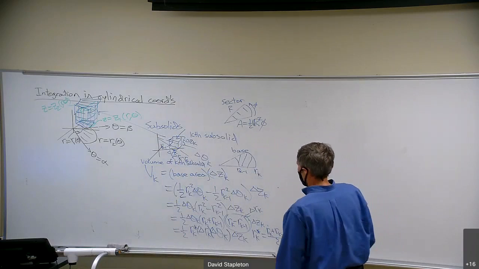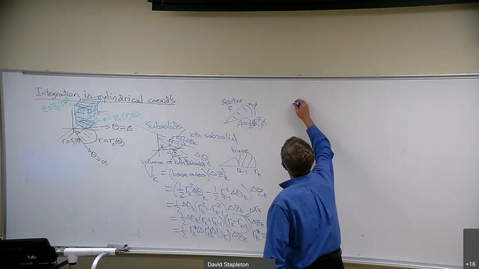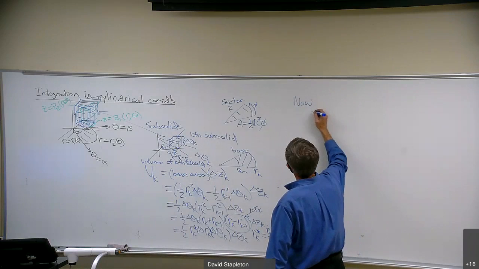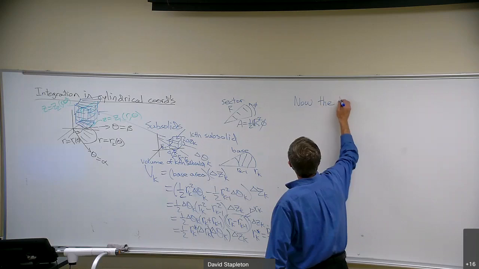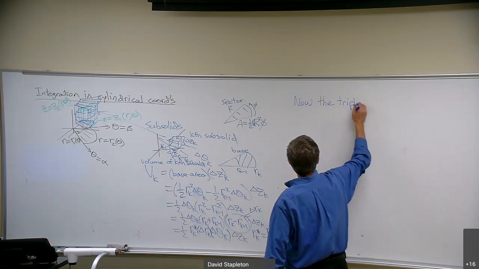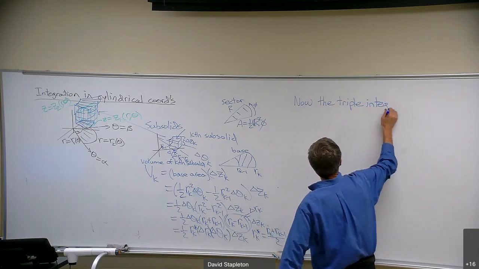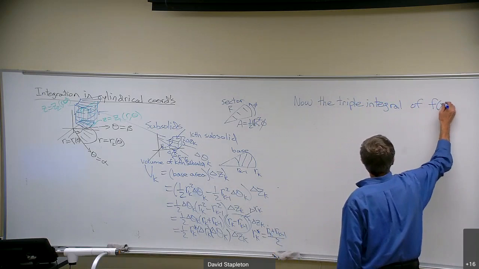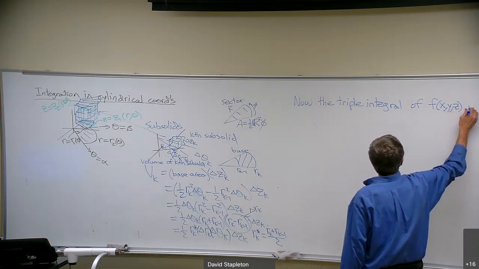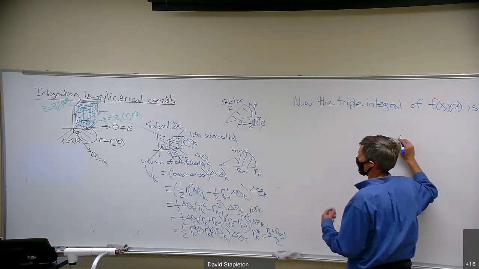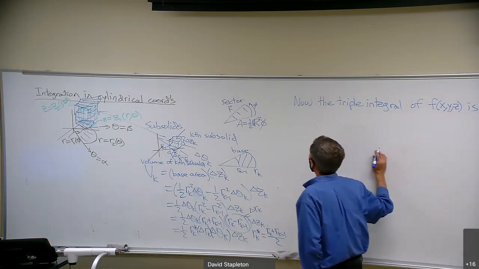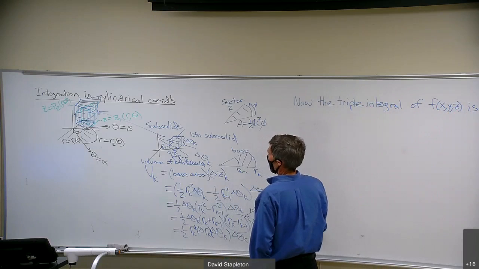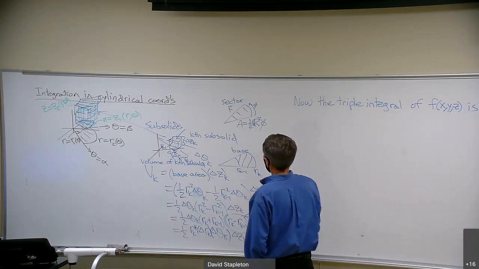All right, now what is that? The triple integral of a function f of x, y, z is going to be the sum over all those subsolids of the kth piece.